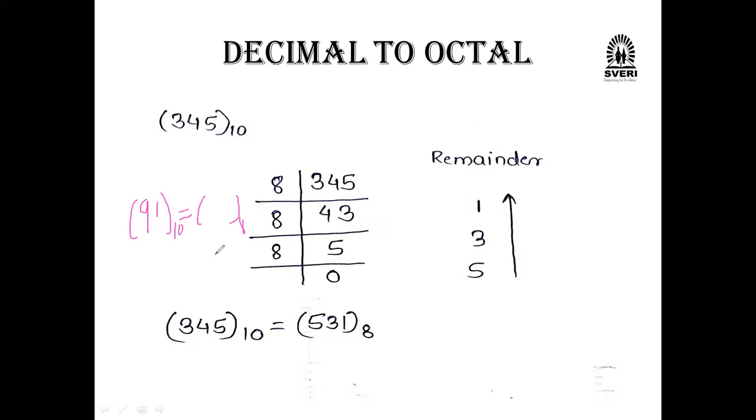3 3. How will it become 3 3? Three zero, sir.